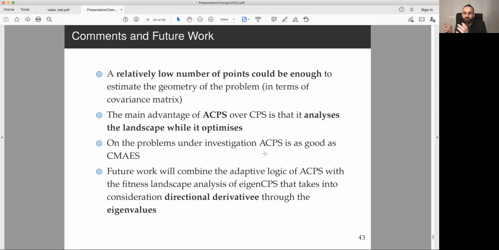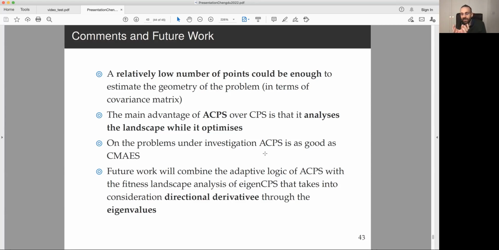Comments. Now let's make some general comments about the second part and a bit in general. A relatively low number of points could be enough to estimate the geometry of the problem. This is something that possibly I have not emphasized enough. At each restart, it uses those points that were better than the initial one, so those movements that were successful in the search.